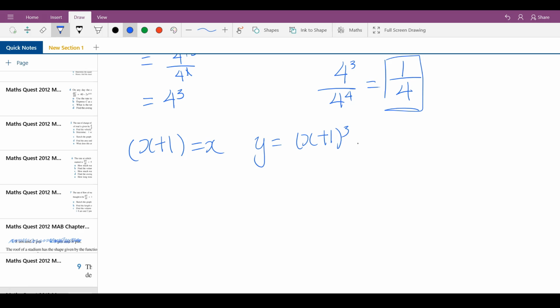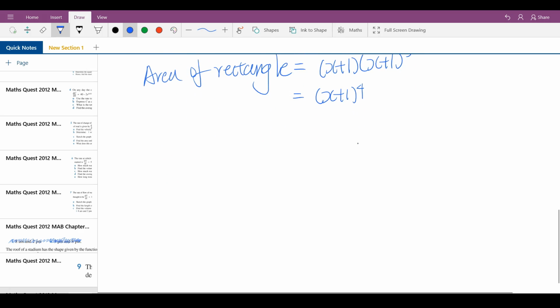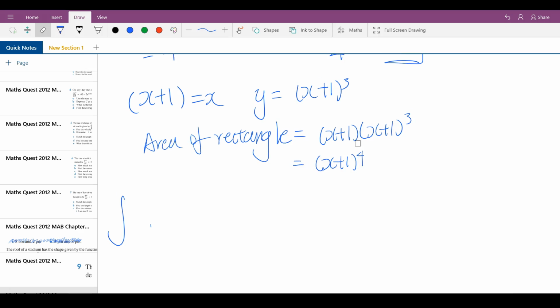So the area of the rectangle is equal to that times that, and that is just to the power of 4. Now what we do is find the area under the curve. So we integrate x cubed again, because that's our function with respect to x.